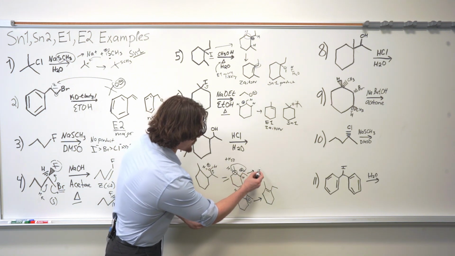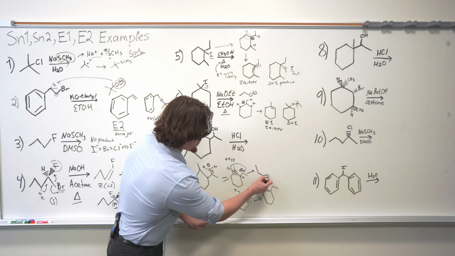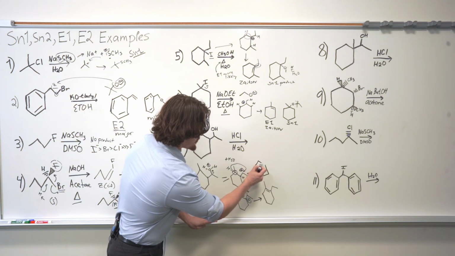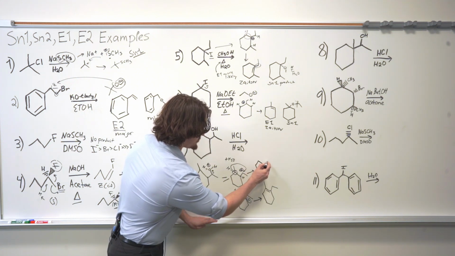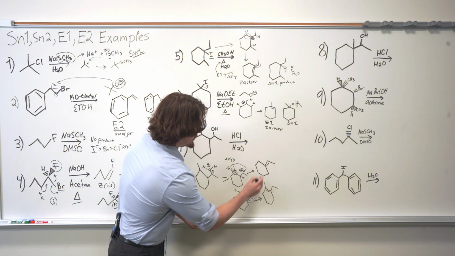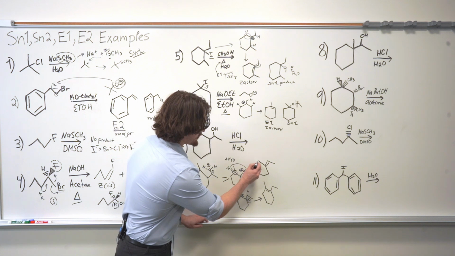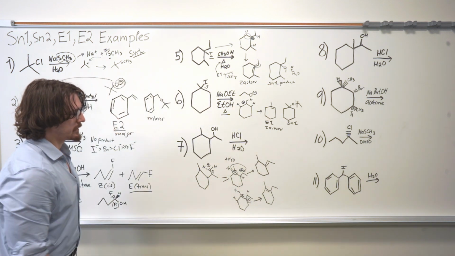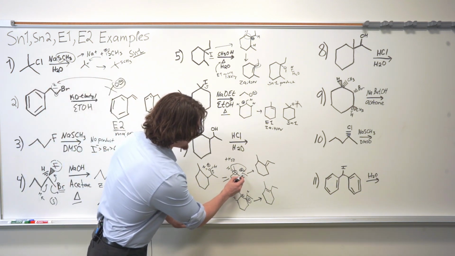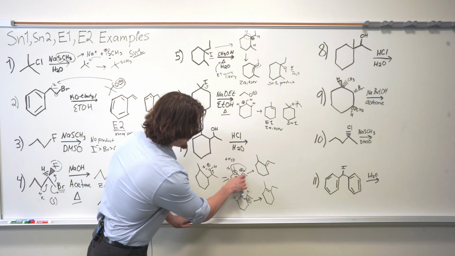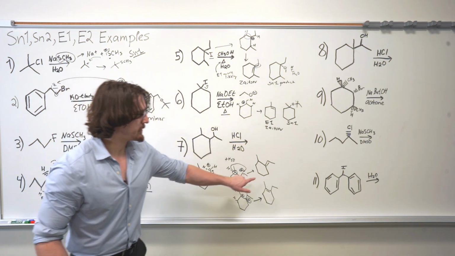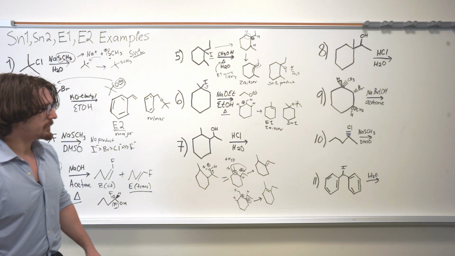And so if the secondary one reacts, we're going to get this molecule, okay, with the methyl group here, okay? Now, it could also create a double bond here, but again, that's going to be less substituted. So this is going to be the more likely product, okay?